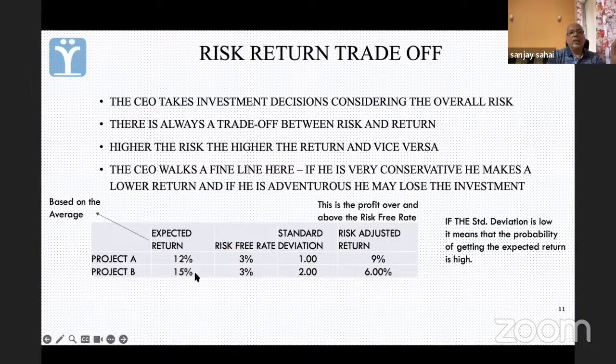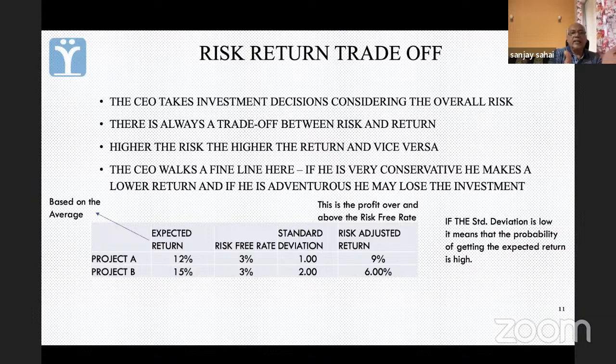Expected at 12. अगर risk वाला काम आ गया, I will end up with 9. And some things don't go as I have projected, I will still get 9. In project B, I am hoping to get 15, but the risk is higher. Standard deviation is higher. Here, if things go bad, I will be lucky to get a 6% return.